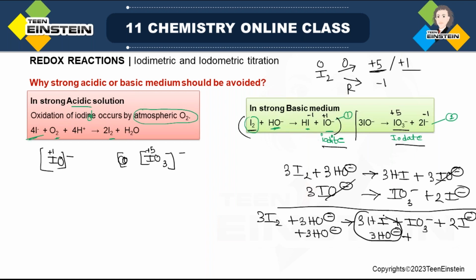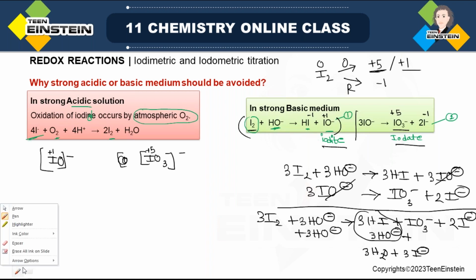this part you can write as 3 water molecules, because HI is H plus and I minus if you consider it in this way. So it is 3 water molecules and 3 I minus.